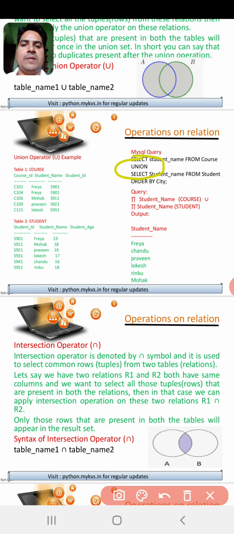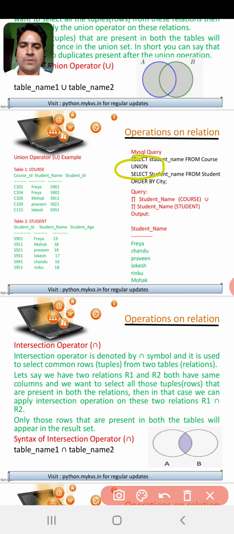Simply 2 queries are written joined by the union clause. Select student name from course union. Select student name from student. Order by city need not be required. Here ordering is done. Ordering of what? Student name according to city need not be required. Only union is important here.